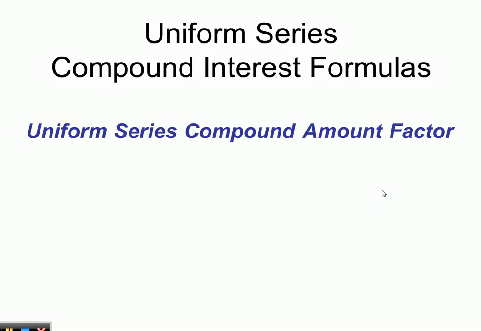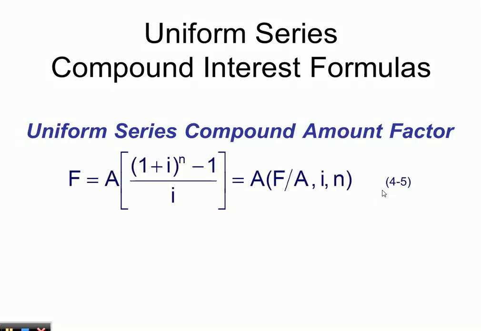Now let's take a look at the formulas specifically of how we can move from maybe a present sum of money to these uniform series, and the other way around, or from the future sum of money to the uniform series.